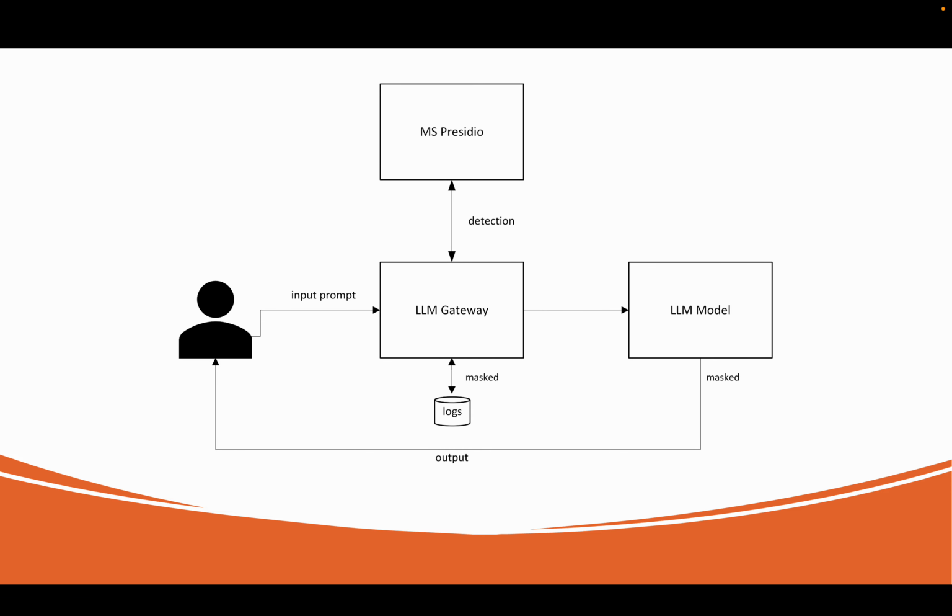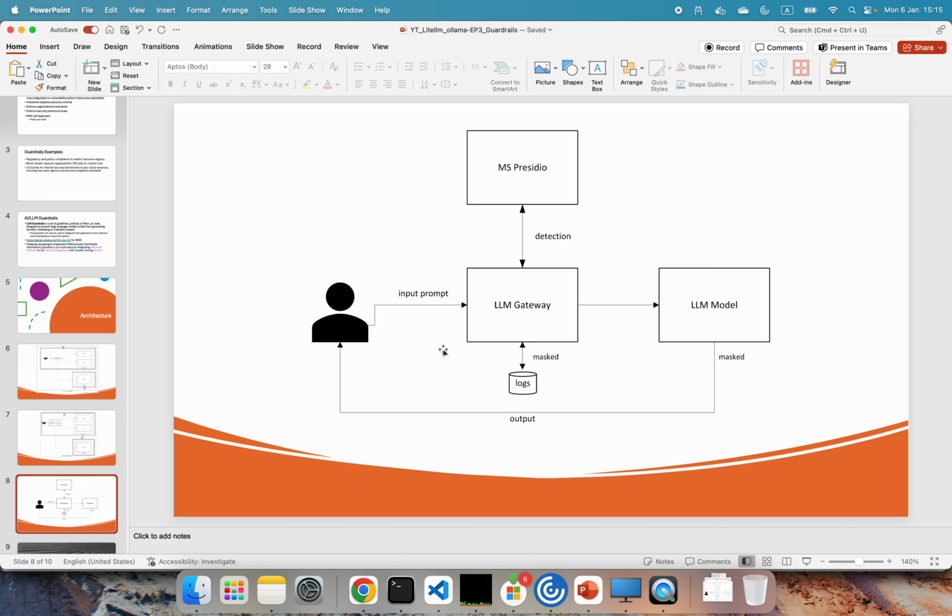It masks that information before sending it to the LLM model. The LLM model does the processing, and while curating the response for the user, it masks that information as well. And in the logs of the LLM gateway, the same information is masked as well. So we will do a home lab of this whole process. So let's move.